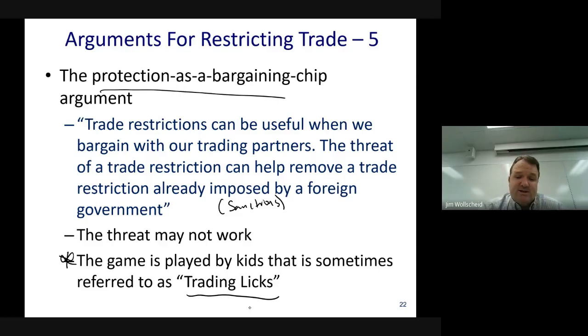Just like little boys, countries do it as well. And they do it through trade. So what happens is, this trade can be beneficial to both countries. However, they sometimes behave like little children and they hit each other on the arm to see who the bigger person is, who can inflict more damage.